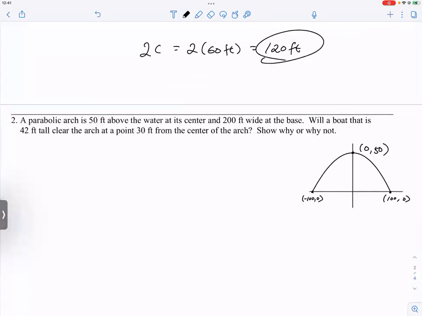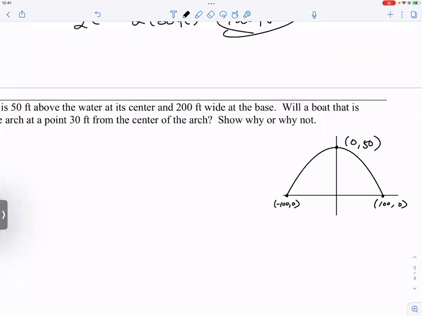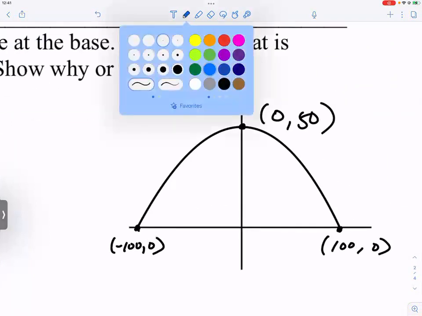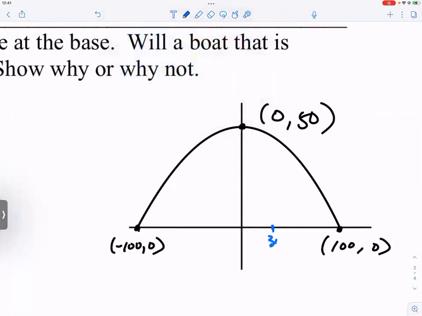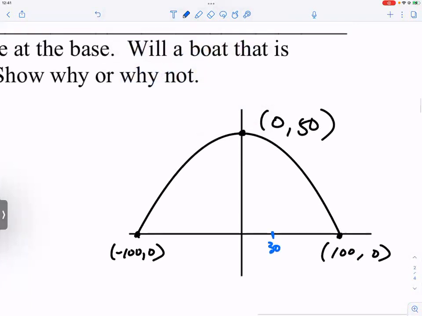Will a boat that is 42 feet tall clear the arch at 30 feet from the center of the arch? So 30 feet would be somewhere like right here. Okay, so imagine that we have a little boat. Okay, that's my best drawing to draw a little boat.